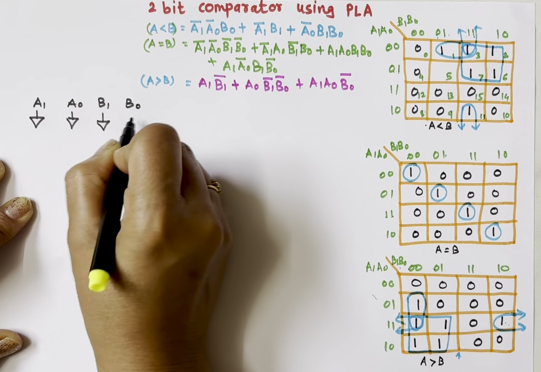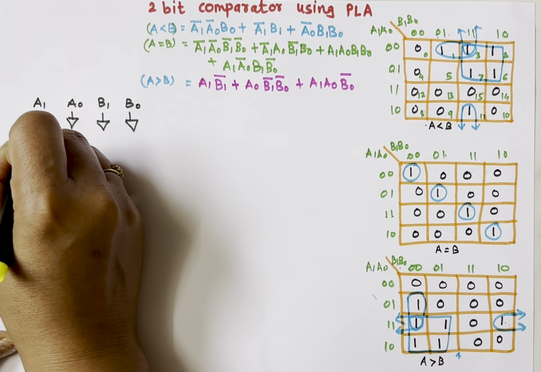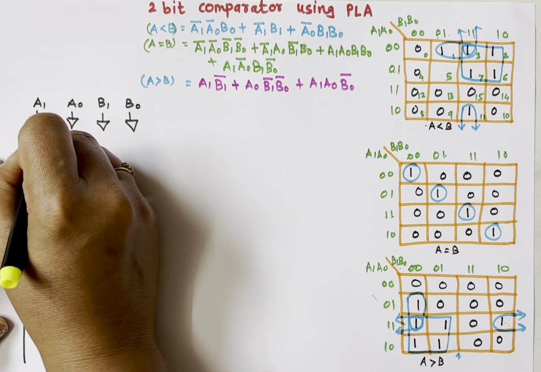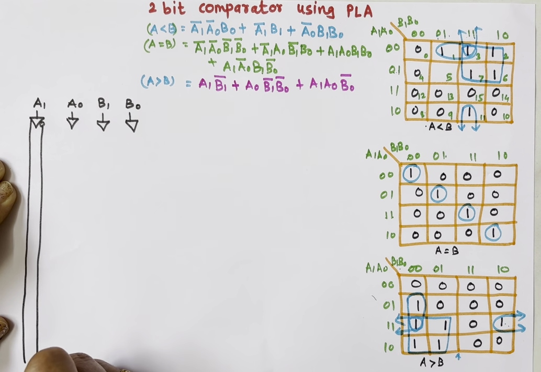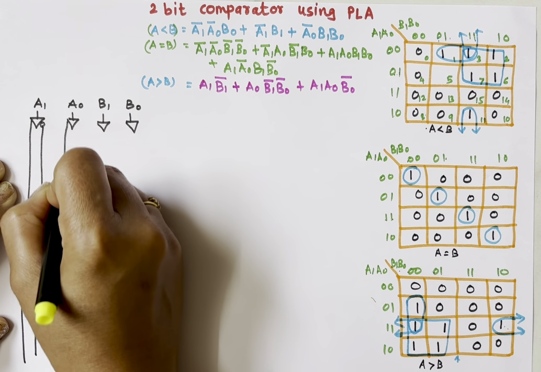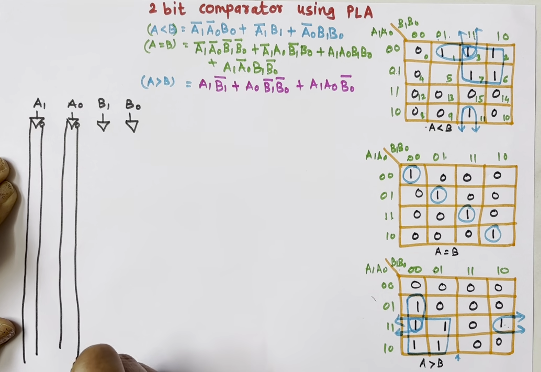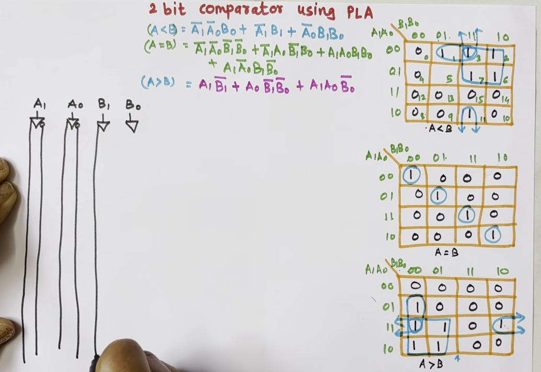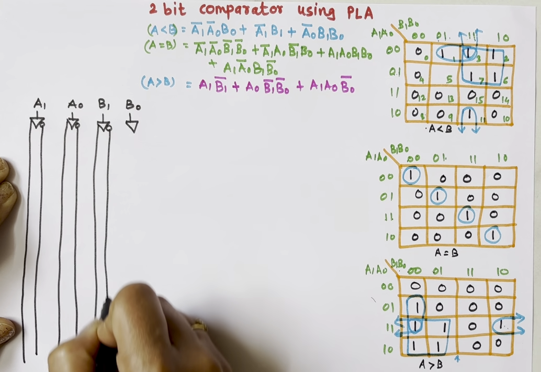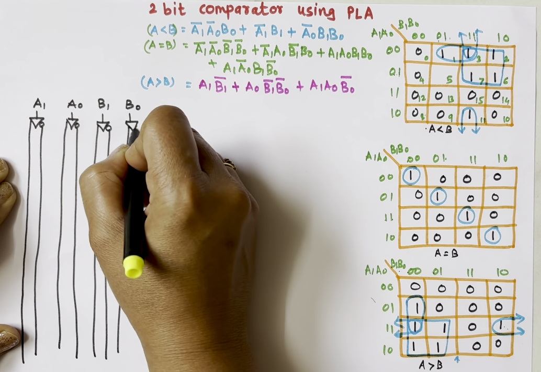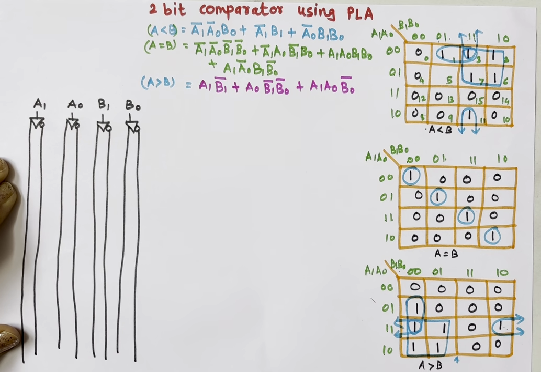Buffers will generate true and complement form. So, this line is my A1 with bubble. This line is my A1 bar. A0, A0 bar, B1, B1 bar, B0, B0 bar.